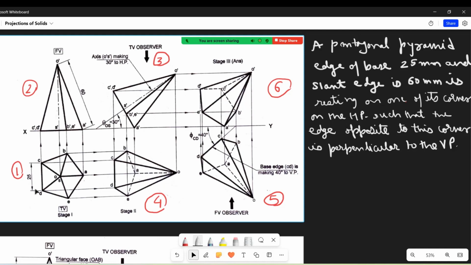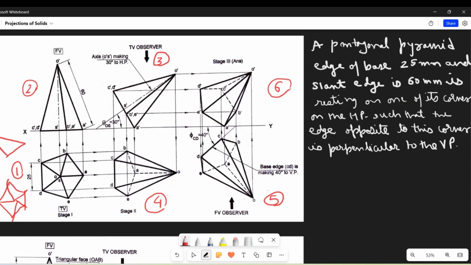There is no other way in which you can draw the pentagon. Of course, you can draw it in this way also, that is correct, and then this is the slant edge. This one will also be correct, but in this case we will incline the pentagon in this direction, which we generally don't do.